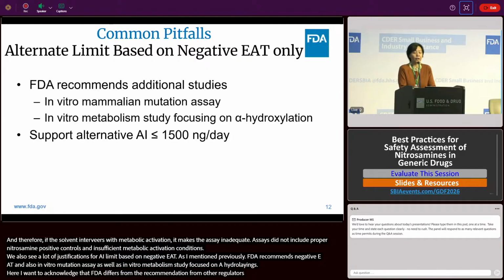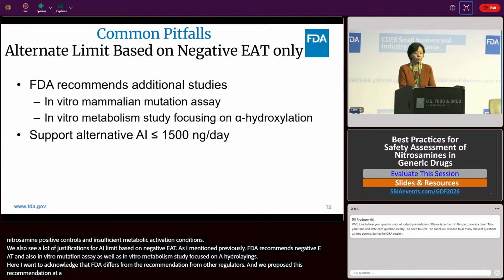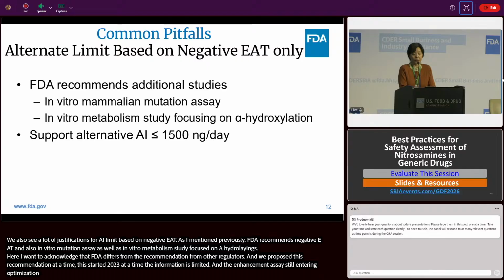We proposed this recommendation at a time, starting in 2023, when the information was limited and the enhanced Ames assay was still under optimization. There were a lot of uncertainties with the data. Therefore, we recommended additional assays to reduce the uncertainties.